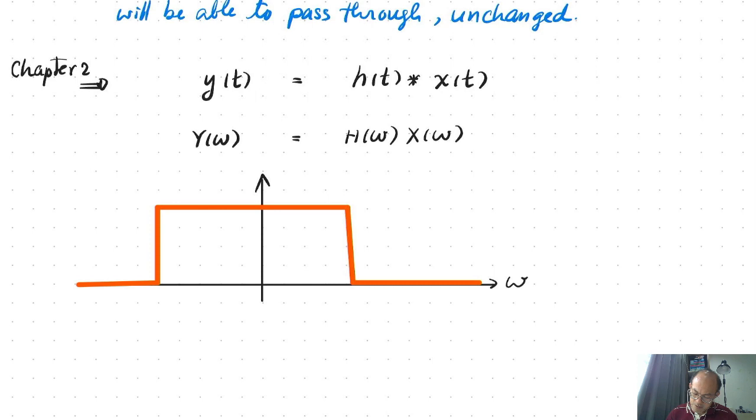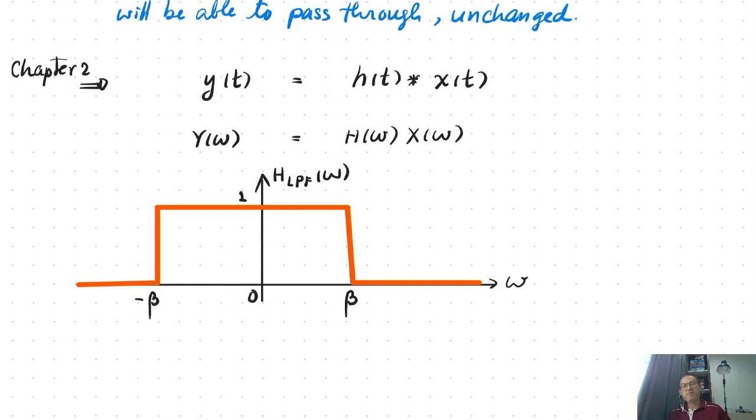So this is H of LPF. Height is 1. Now let's call this beta, and let's call this minus beta.